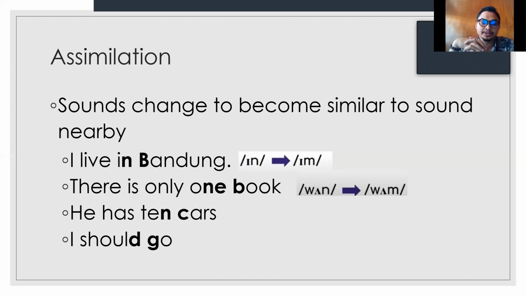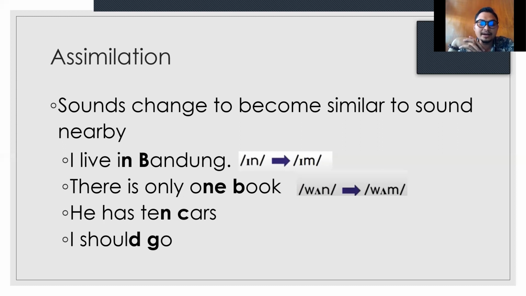There's only one book. And then another example we have: he has 10 cars. When you find the consonant n facing the sound k, it becomes ng.